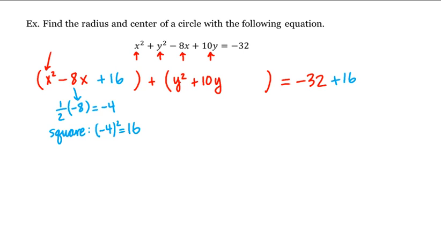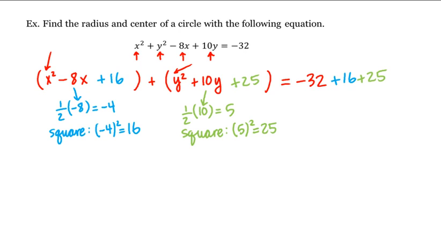Now let's do the same thing with the y terms. Again, the coefficient of y squared is 1. So we take 1/2 the coefficient of y, which in this case is 10, which gives us 5. And then we square this. 5 squared is 25. And then we add this to both sides of the equation.